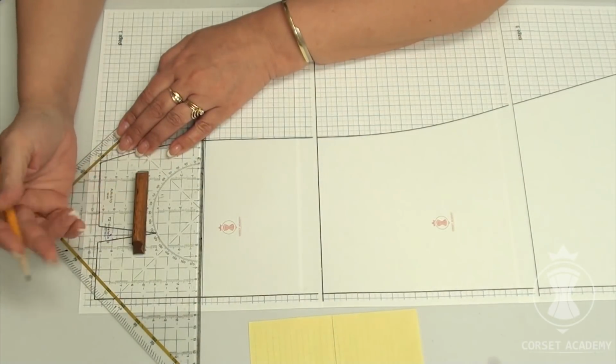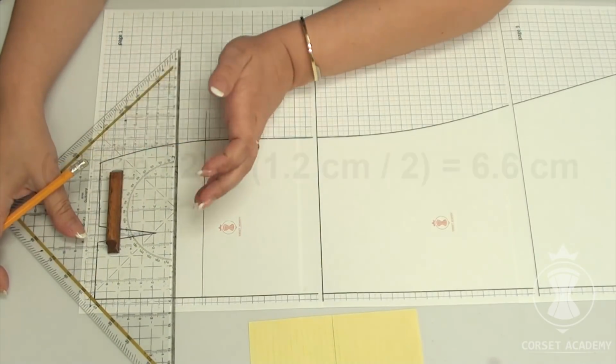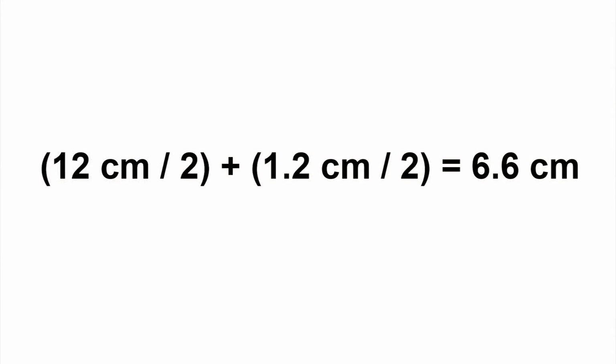And the distance between the waistline and the stomach line is as follows. 12 centimeters divided by 2 plus 1.2 centimeters divided by 2 equals 6.6 centimeters.